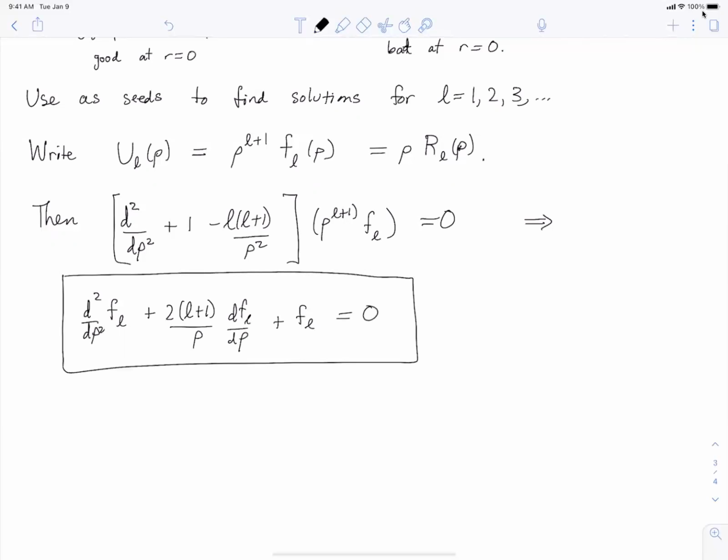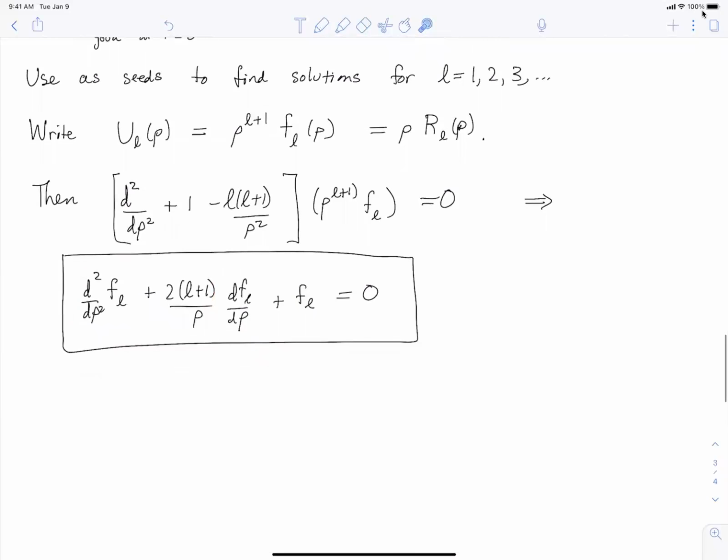So it's not obvious that we've actually made any progress. In fact, cynically, you might look at that and say we've made negative progress, because before we had something that only had 0 derivatives or 2 derivatives, and now our equation has 2 derivatives and 1 derivative and no derivatives, and so it looks like it's gotten more complicated.